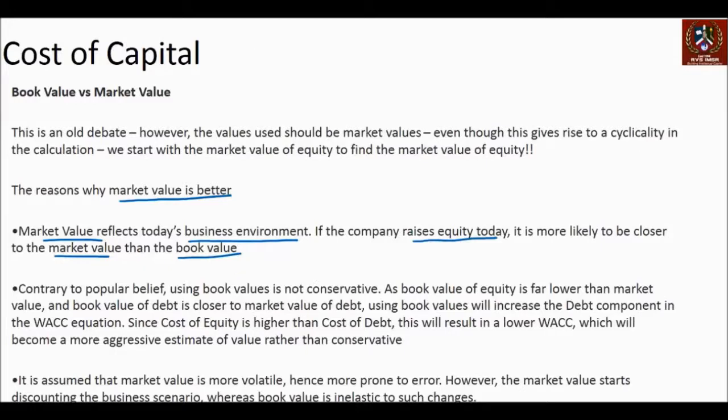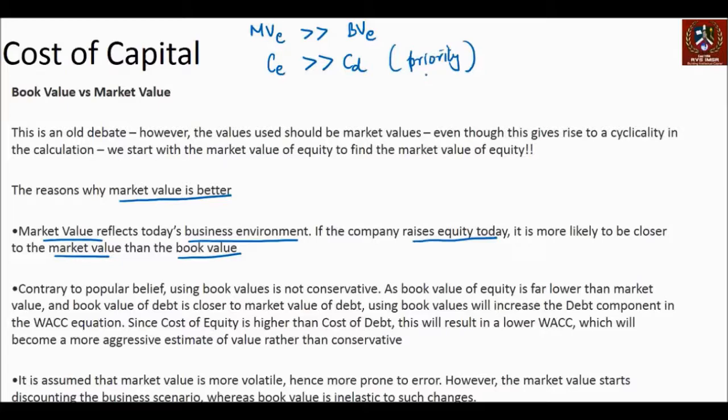Then the second point is we said market value of equity is greater than book value of equity, right? We also know that typically your cost of equity will be greater than cost of debt. Why? Because debt is less risky. There is a priority of payment. So debt is less risky, correct?